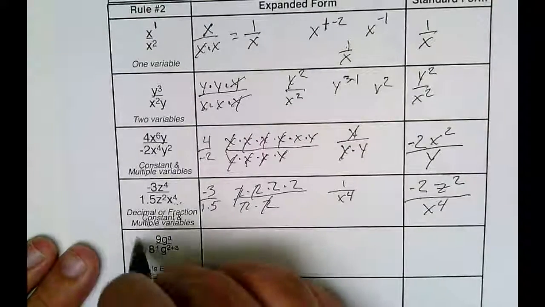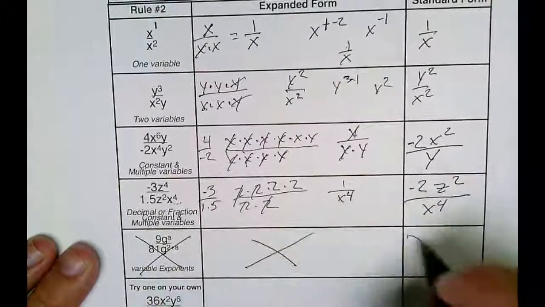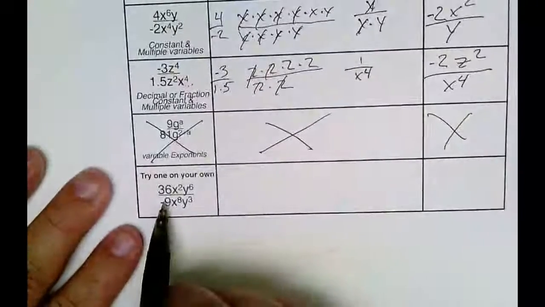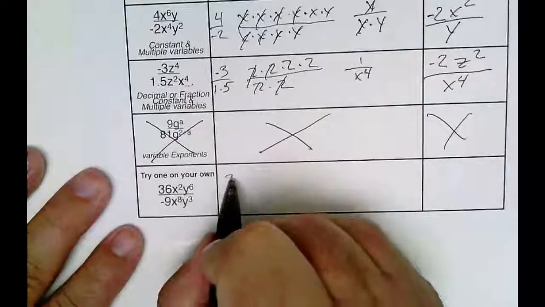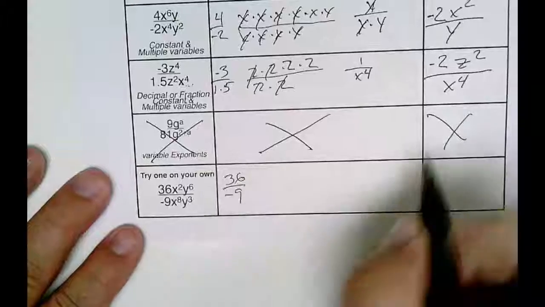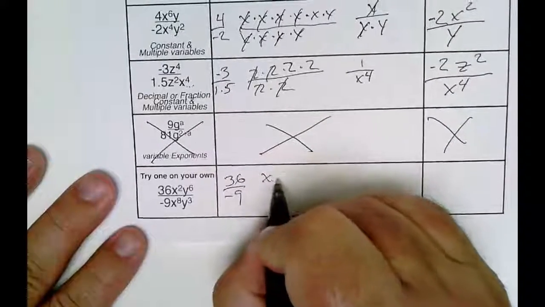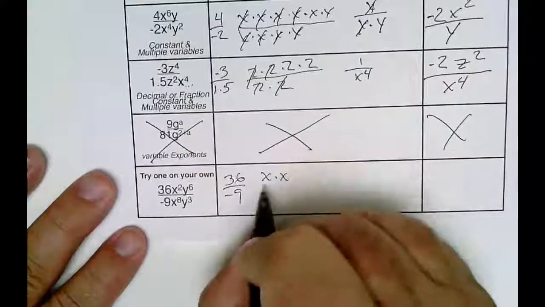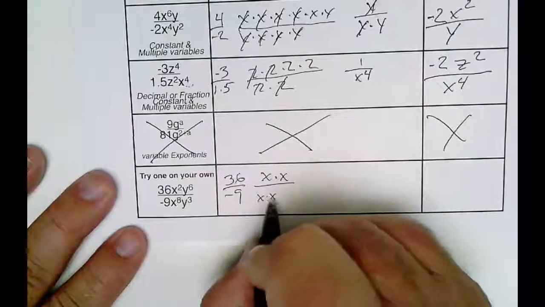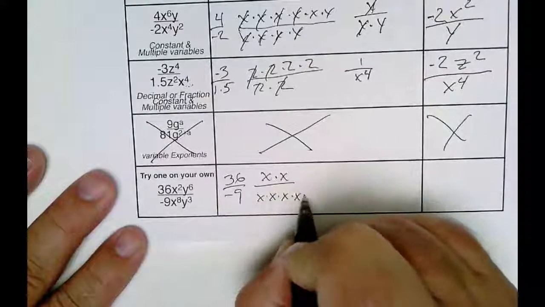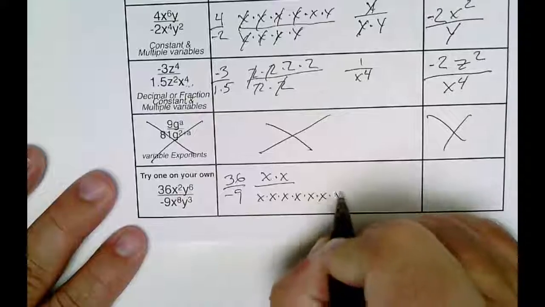We're not going to worry about this one here. And the last one that I'll do with you, same thing. 36 divided by negative 9, and then you have x squared over x to the 8th, 3, 4, 5, 6, 7, 8.